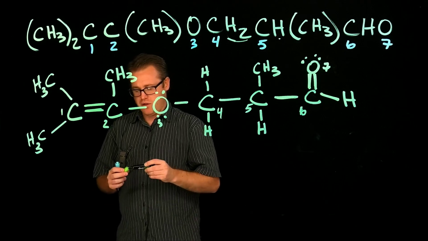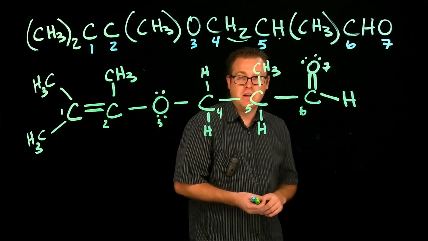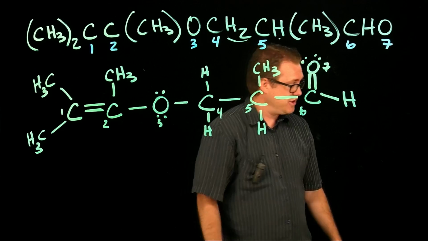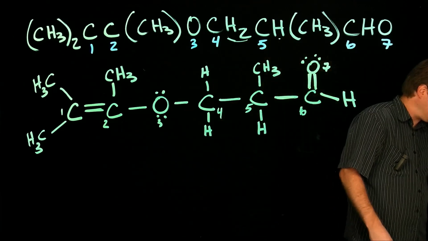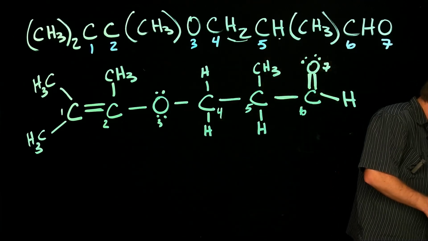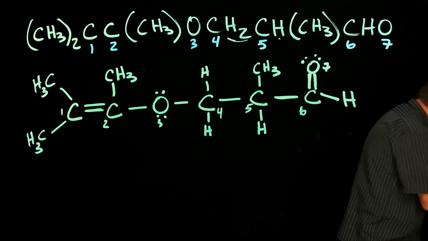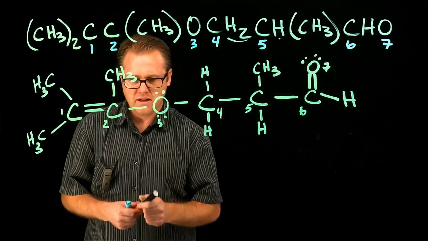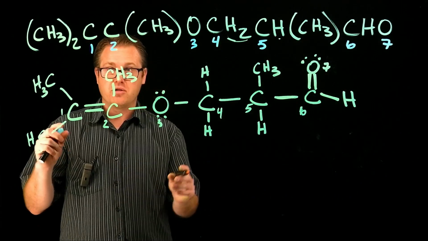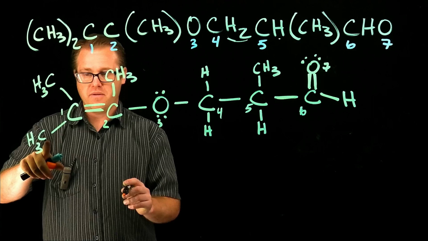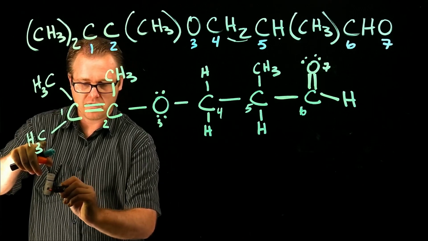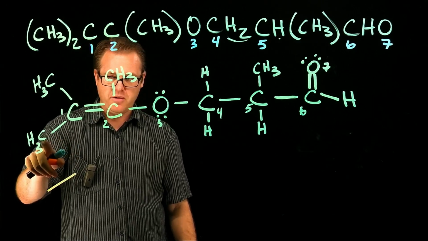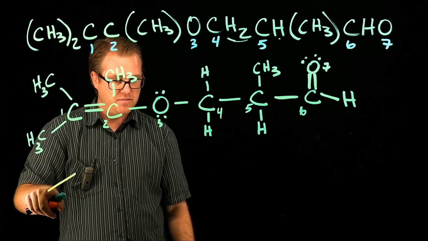And now what we're going to do is, now that we can kind of visualize this, we can convert this into a zigzag structure. So the way I like to do this is I just start drawing my zigzag here. So if I start at this carbon right here and draw a line, this carbon that I'm pointing to is that carbon.